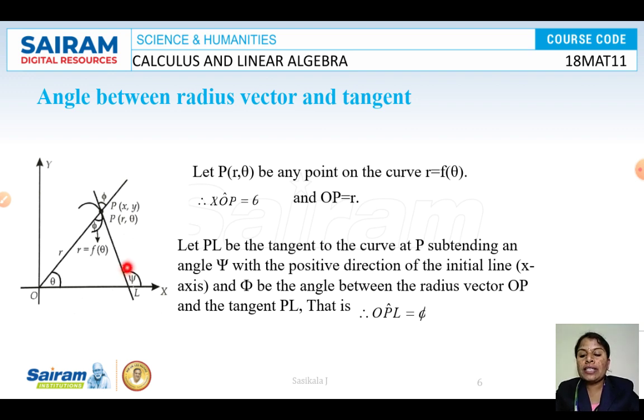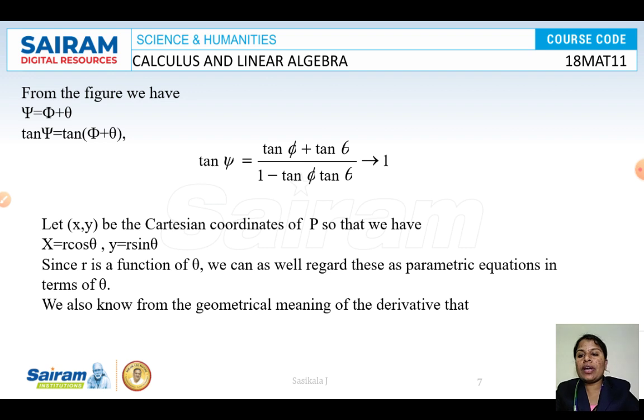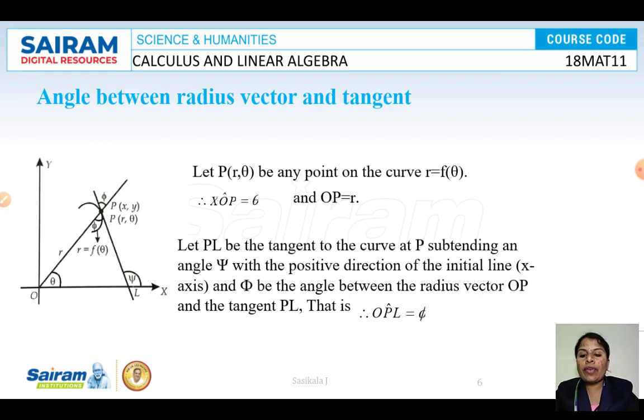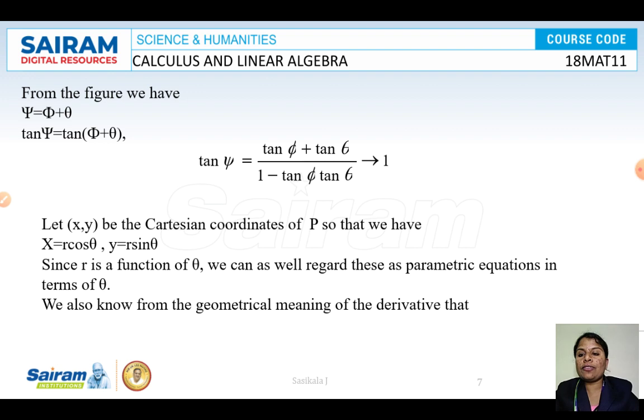The exterior angle should be equal to the sum of the interior opposite angles, right? That is what I have got. Psi is equal to phi plus theta. So the exterior angle is psi, and the interior opposite angles are theta plus phi. So the sum has been written: psi is equal to phi plus theta.